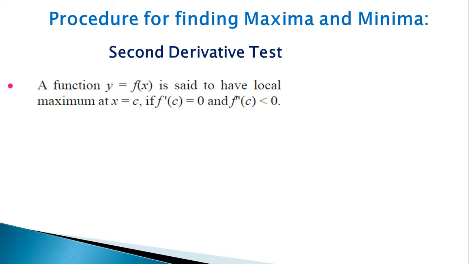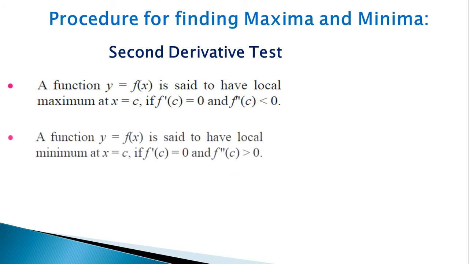Then we can say that the function attains a local maximum value at x is equal to c. By example we will clear this idea, but just see the second derivative test.